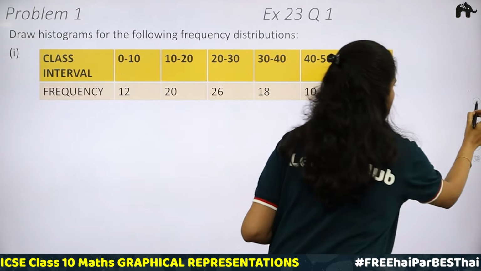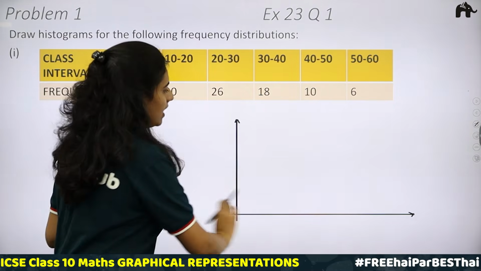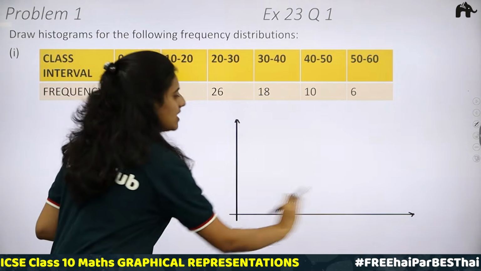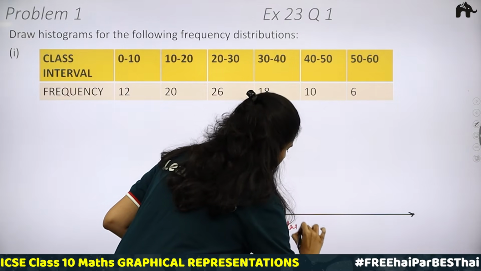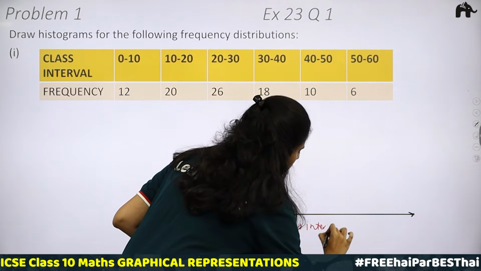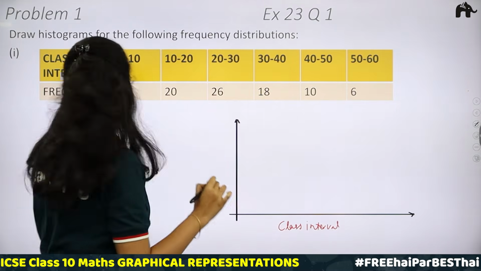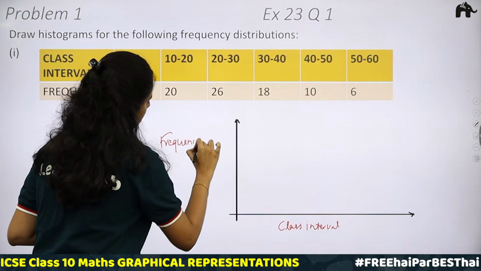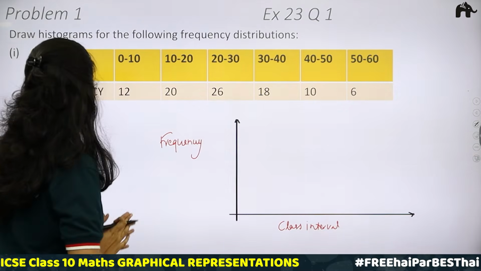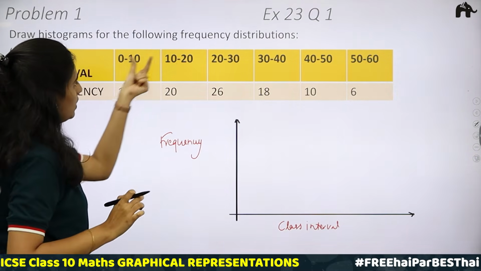Let's draw the histogram. Okay, here we have x-axis and y-axis. On the x-axis, we will be taking class interval. What about y-axis? Y-axis will be having the frequency. Now, the class interval 0 to 10, 10 to 20.